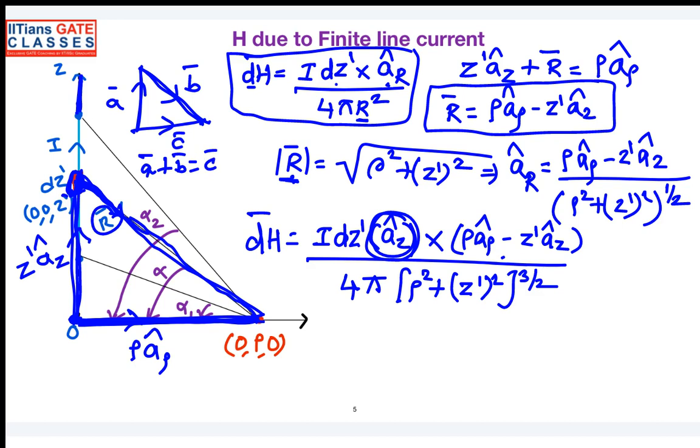So a bar is z prime into a_z cap, and the resultant vector, r bar, is equal to c bar. c bar is nothing but rho into a_rho cap. You got the point? So the same thing I was directly substituting. Nothing else is there. Now, when you see the magnitude part, when you take the cross product, a_z cross a_rho will be what? Agree?